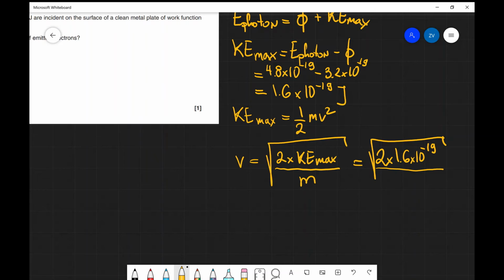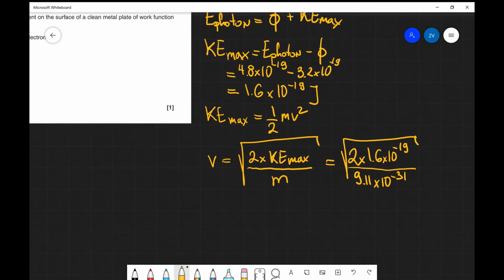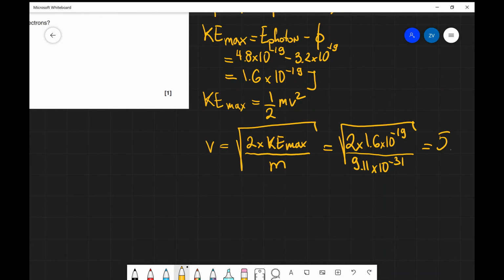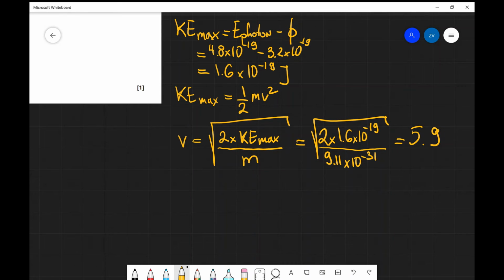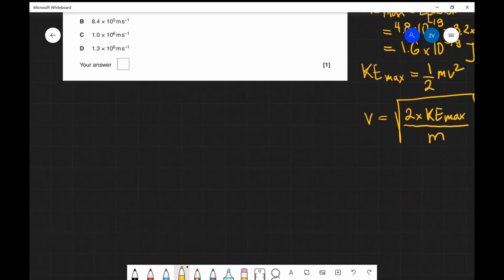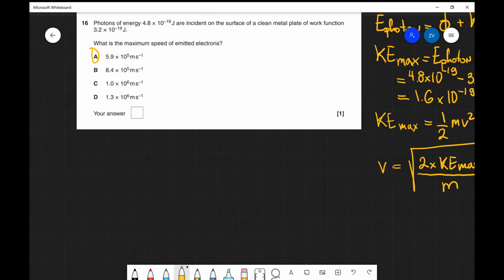The mass of the electron that's given in your formula booklet is 9.11 times 10 to the power of minus 31. And if we plug those numbers into a scientific calculator, we're going to get 592673 meters per second, which approximately up to 2 significant figures is 5.9 times 10 to the 5 meters per second. So that leads us to A being the correct answer.